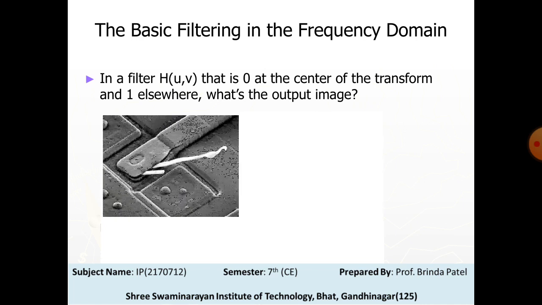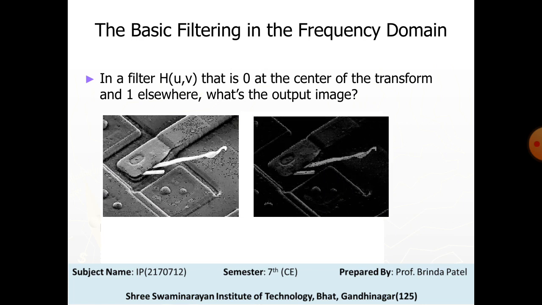transform. Here the figure shows the result of this operation using the equation g(x,y) equals the inverse of H(u,v)F(u,v). As expected, the image becomes much darker, since an average of 0 implies the existence of negative intensities.